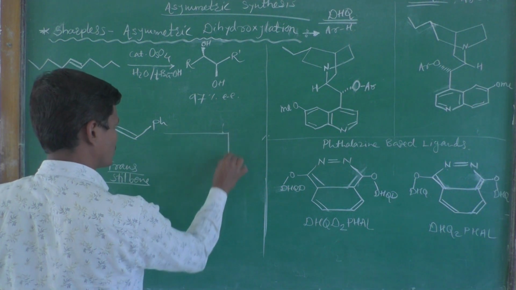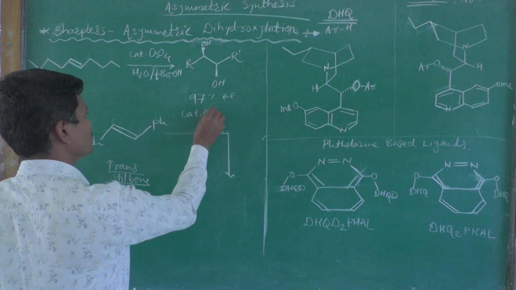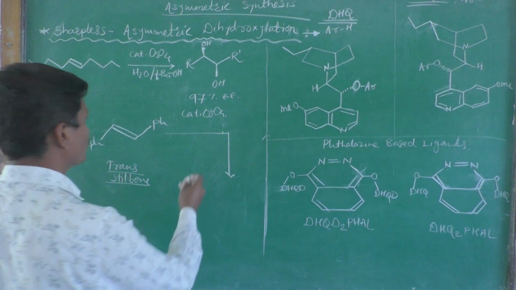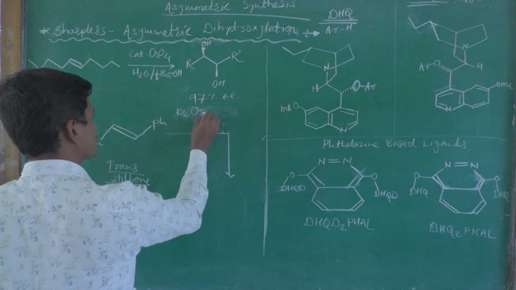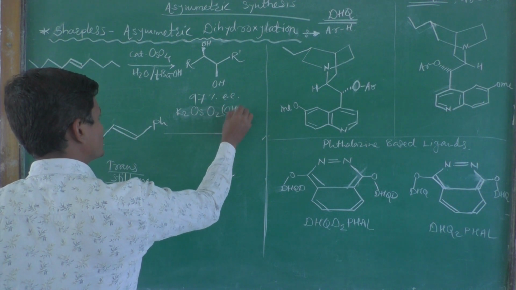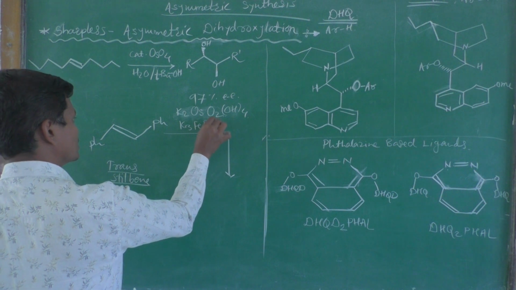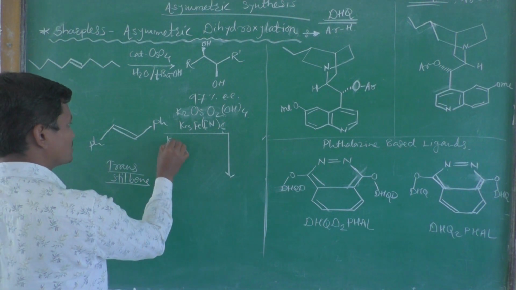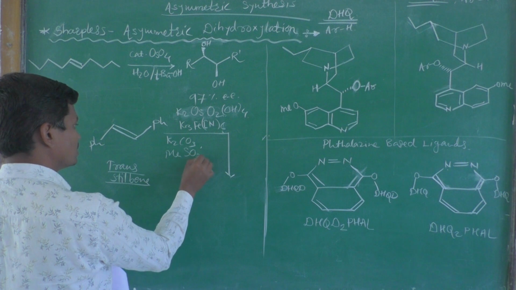Now when we are using our general reagents, that is catalytic OsO4, generated directly from K2OsO2(OH)4, the source of osmium, then K3Fe(CN)6, the co-catalyst which is converting this osmium back to osmium 8, then a base, K2CO3 potassium carbonate, then methanesulfonamide, CH3SO2NH2.